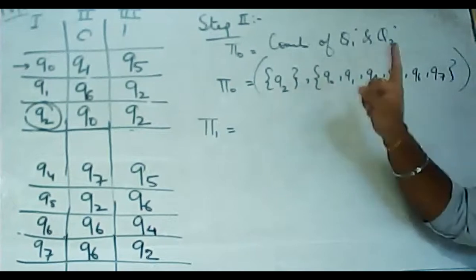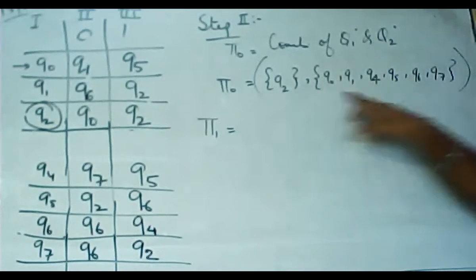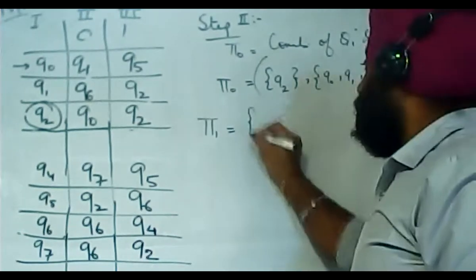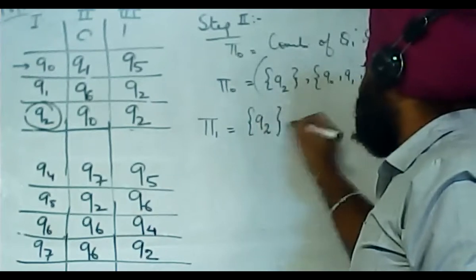We have to reduce these states, because in the first set only one state is there, but in the second set, this is one set, this is the second set, more than two states are there: 1, 2, 3, 4, 5, 6. So you have to reduce this set, right? So first of all, in pi 1, you need to write those sets which have only one value.